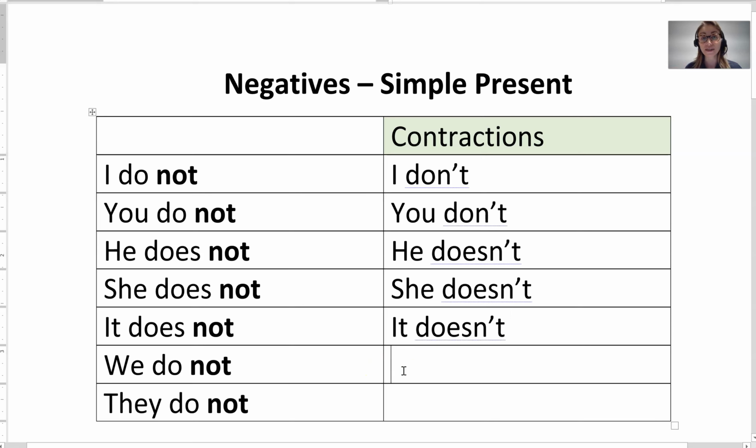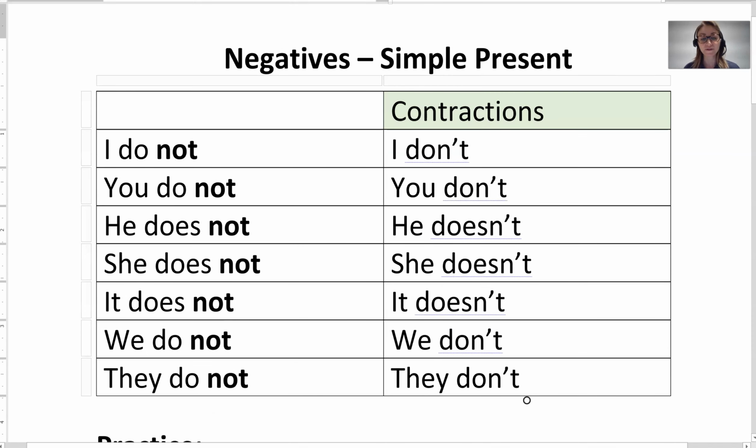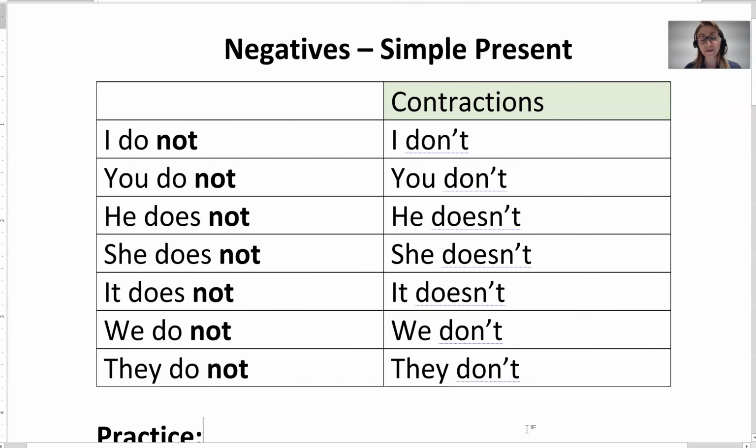Next, we do not, we don't, we don't. And the last one, they do not, they don't, they don't. Okay, so everything here are the contractions.